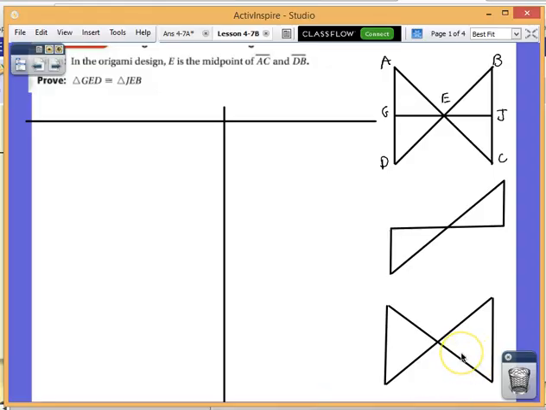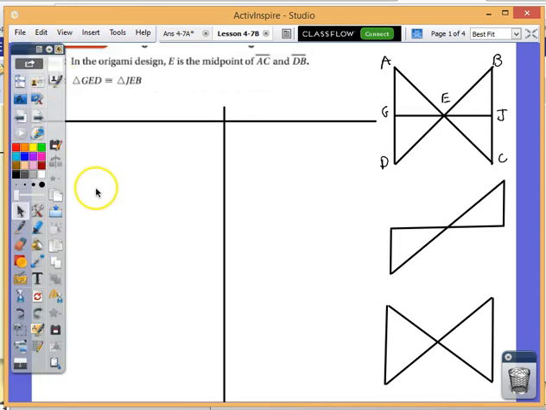All right, so the first thing you want to analyze when you're talking about how to do these proofs that get a little bit more complicated is you need to kind of think about where you're going. So what I usually like to do is highlight what I'm trying to prove at the end. In this case, I'm trying to prove two triangles congruent.